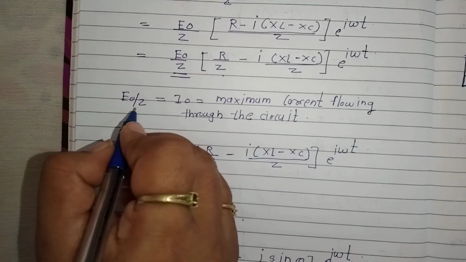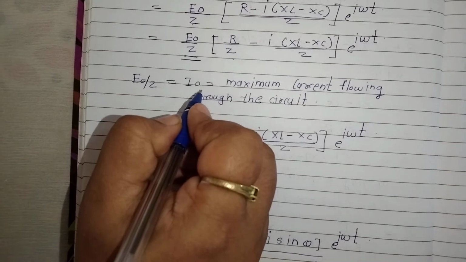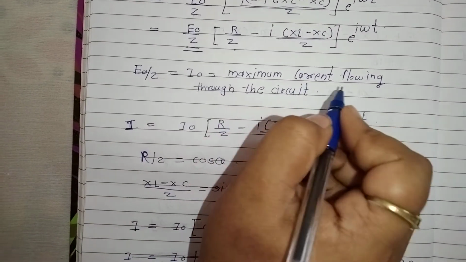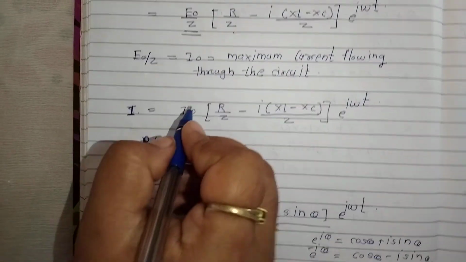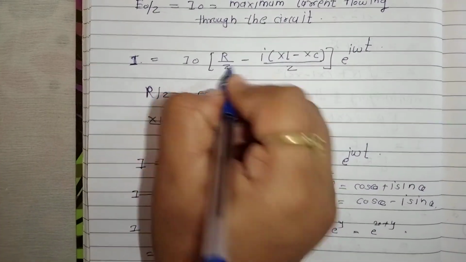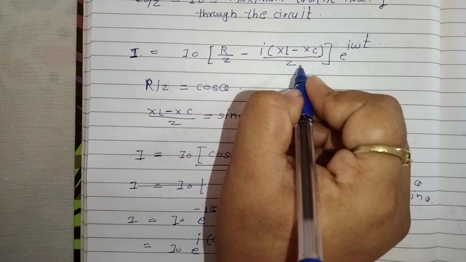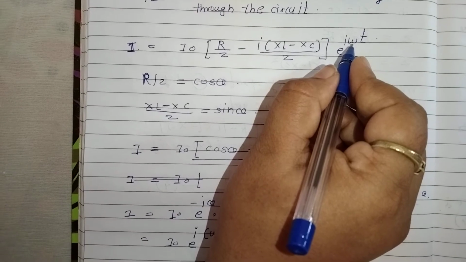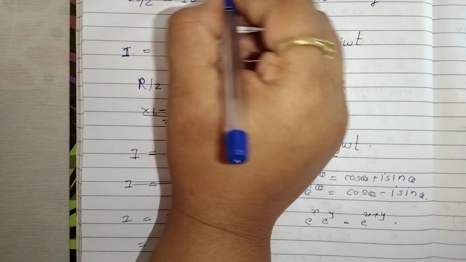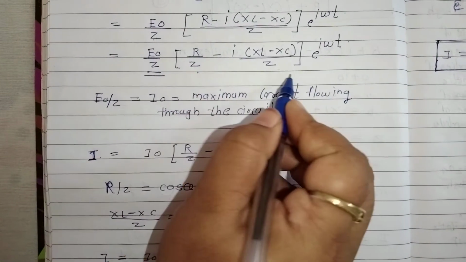We get E0 by Z is equal to I0, which is the maximum current flowing through the circuit, and I is equal to I0 times R by Z minus i(XL minus XC) by Z into e raised to i omega t, which is a complex form also.